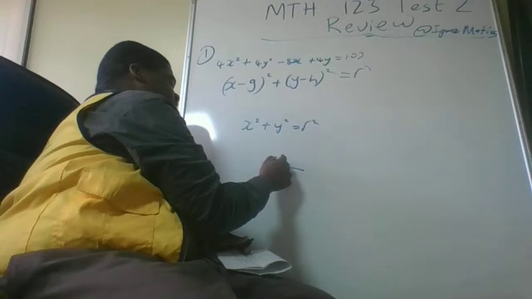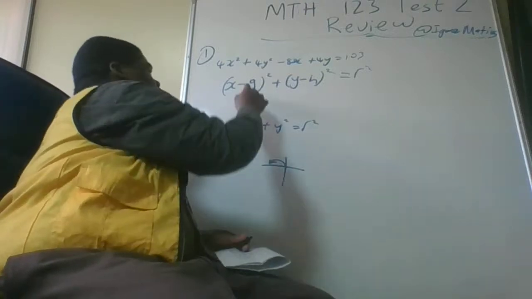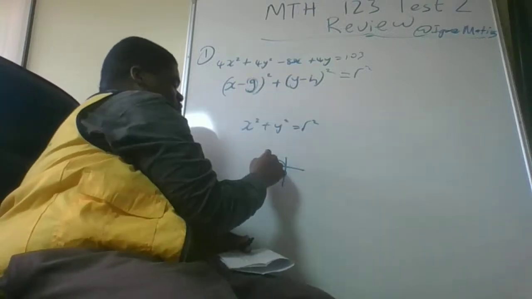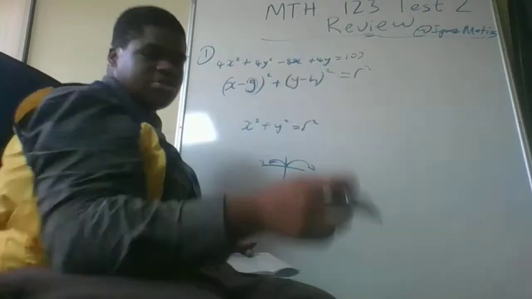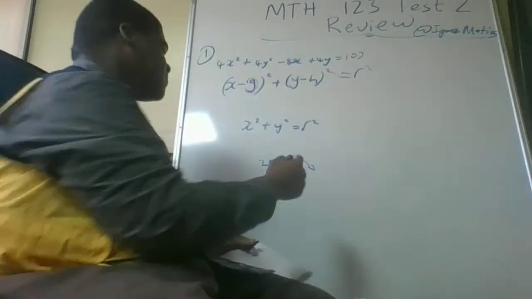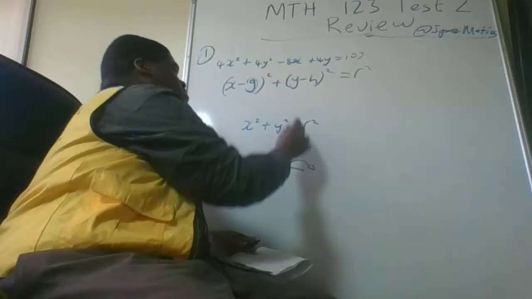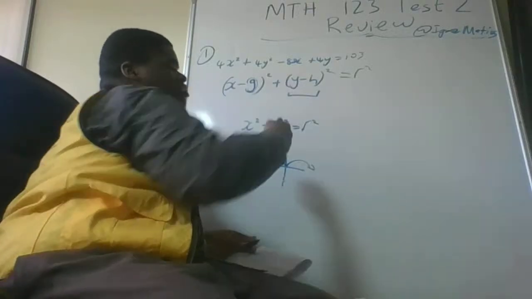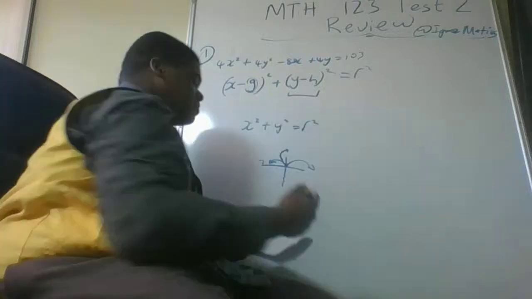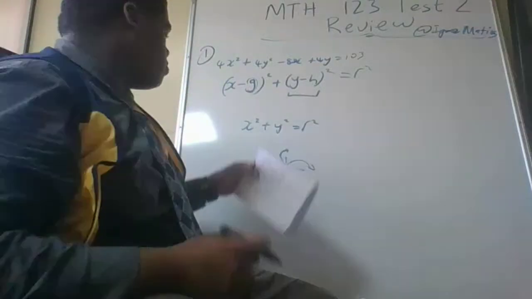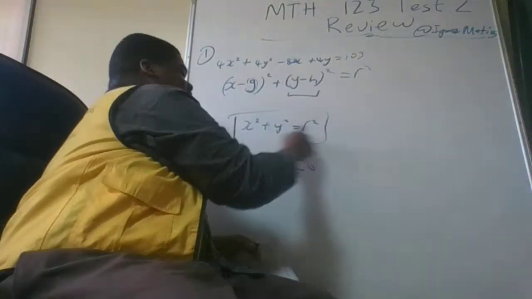But if it gets shifted to the left, then you would have all those constants. If it gets shifted to the right, you have plus one, plus two, plus three, or minus one, minus two, minus three. If it gets shifted upward, then in the y term you're going to have plus one, plus two, plus three. If it gets shifted downward, in the y term you're going to have the negatives. But then this formula is only when it's at the center.